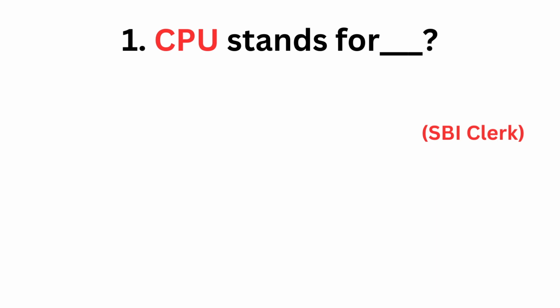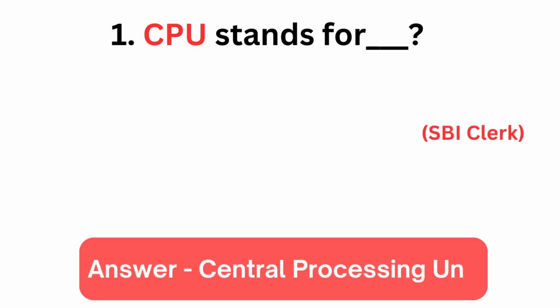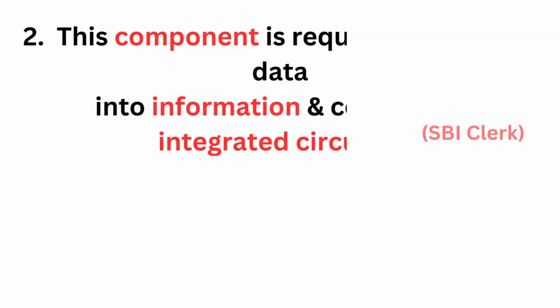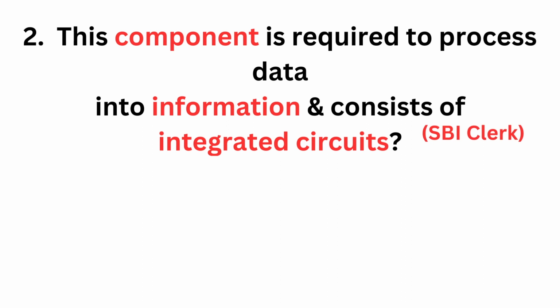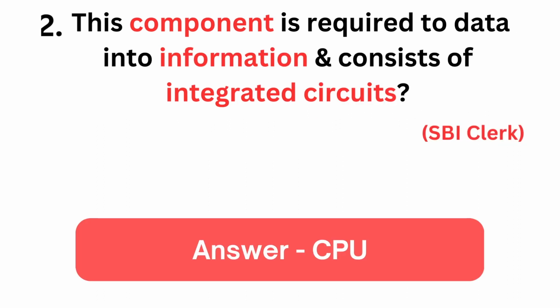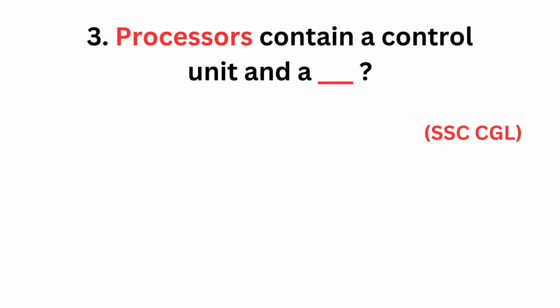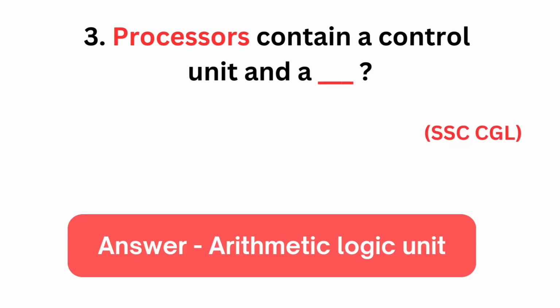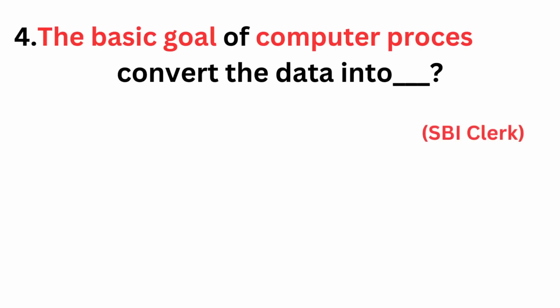CPU stands for what? Central Processing Unit. This component is required to process data into information and consists of integrated circuits. CPU. Processors contain a control unit and a what? Arithmetic logic unit.